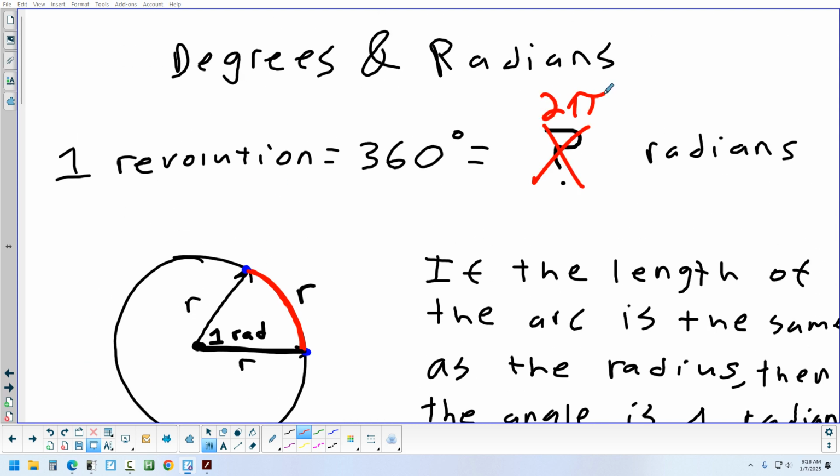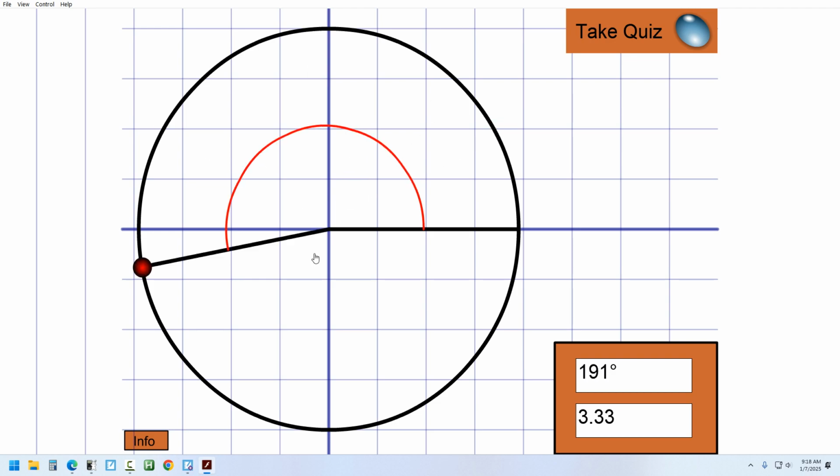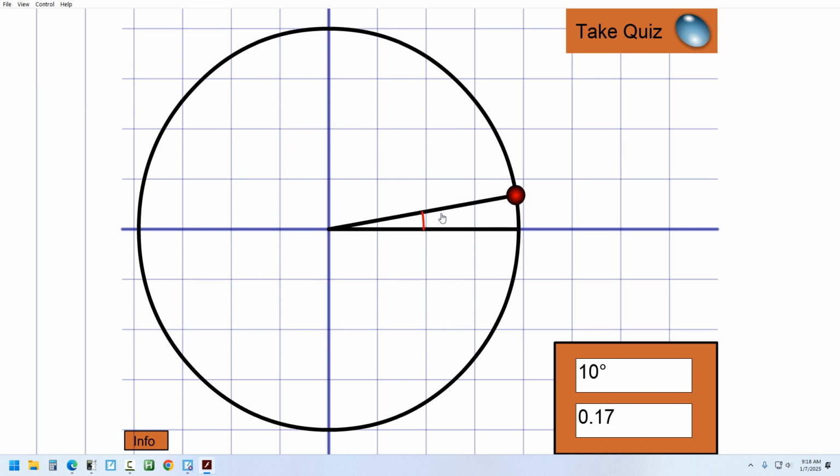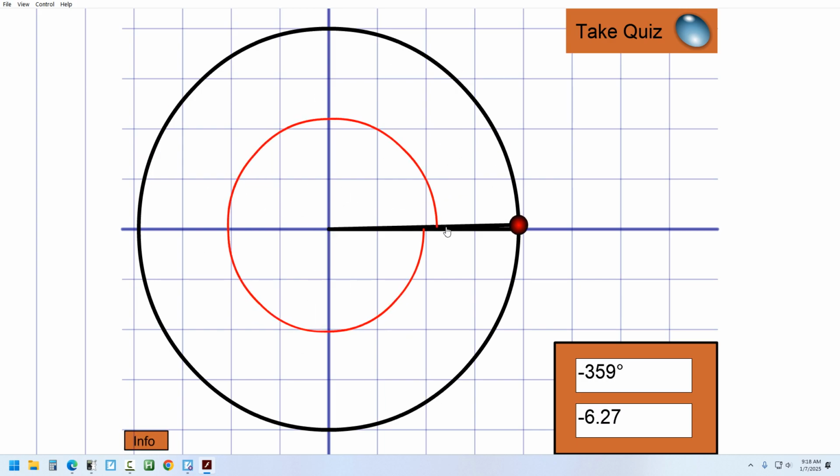And I can show you that if I bring this picture back up and I go all the way around the circle. Notice when I get to 360, it says 360 is 2 pi. What if I went in the clockwise direction? What would one full revolution be going clockwise in radians? Yeah? Negative 2 pi. Yeah, it would be negative 2 pi. There we go. Negative 2 pi.